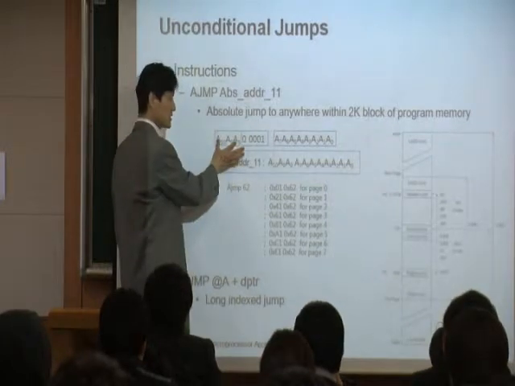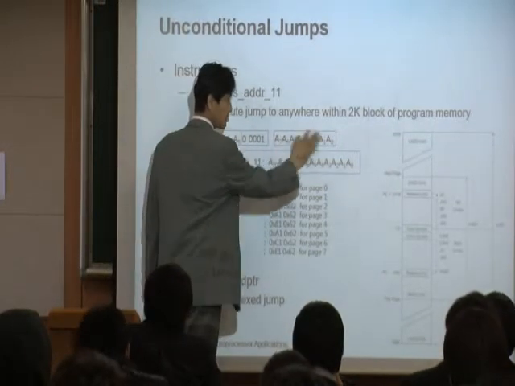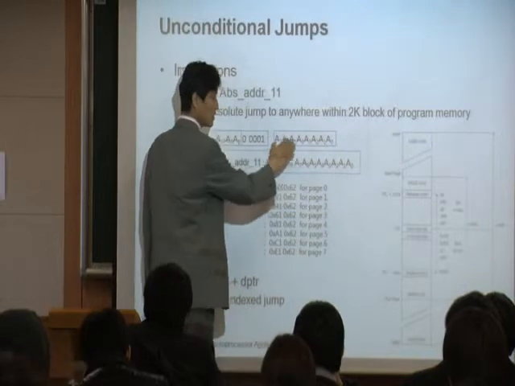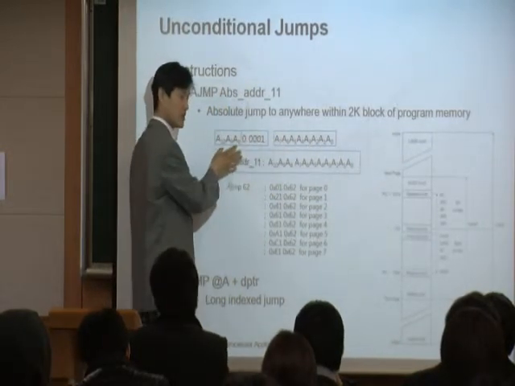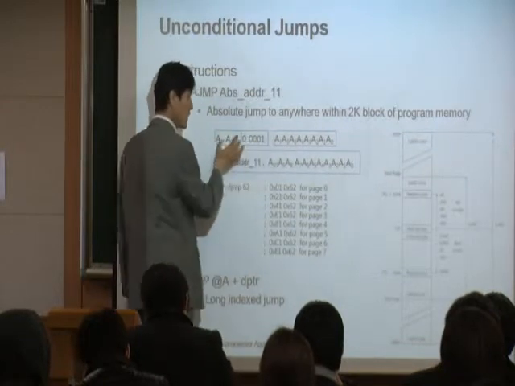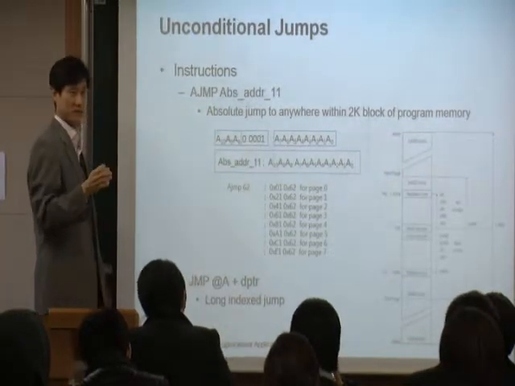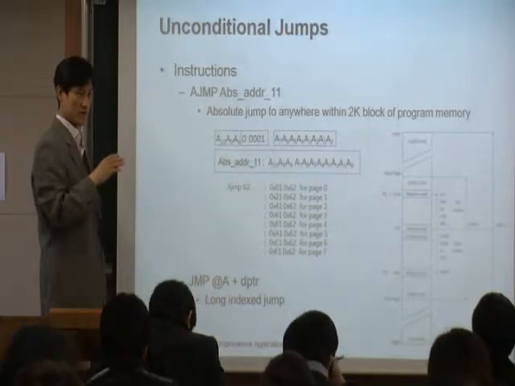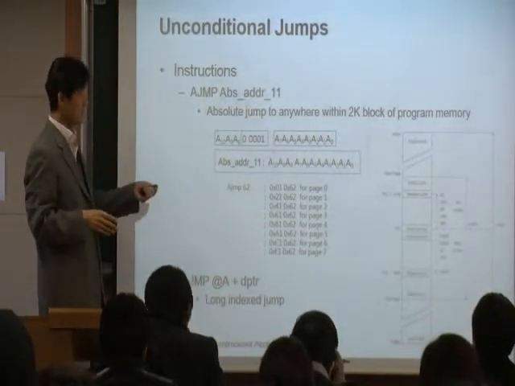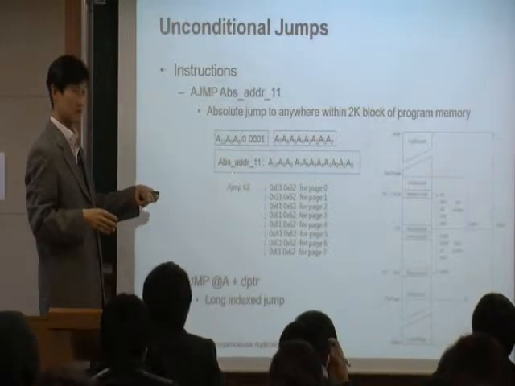The first 3 bits and the second byte, which is 8 bits, put together, 8 bits here and 3 bits here, add up to 11 bits. These 11 bits will be your address. So in this case, it's going to be an 11-bit address.